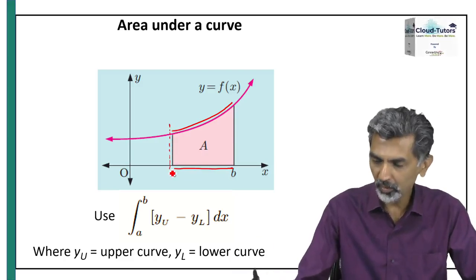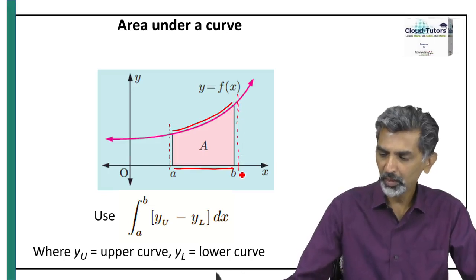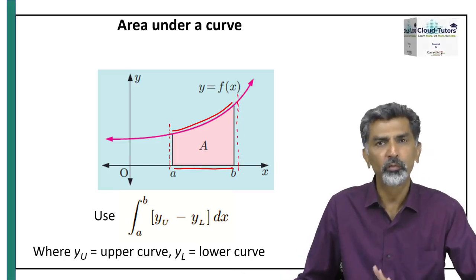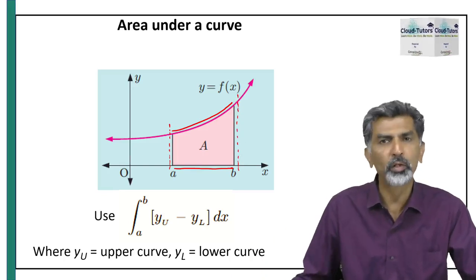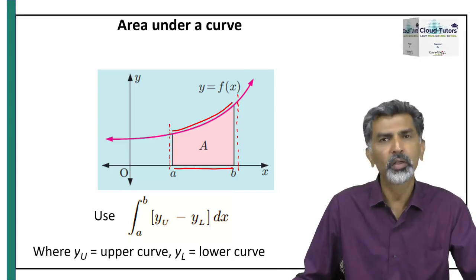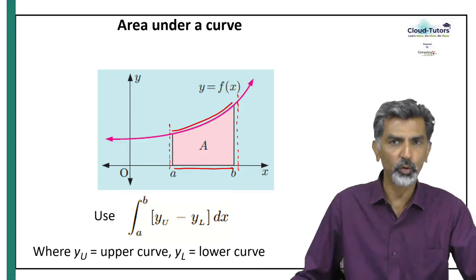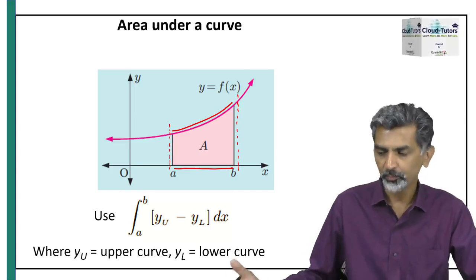One is the vertical line x is equal to a, and the other is the vertical line x is equal to b. So these are the four boundaries. The upper boundary is the curve y is equal to f of x. The lower boundary is the x-axis. The two vertical boundaries are x is equal to a and x is equal to b.